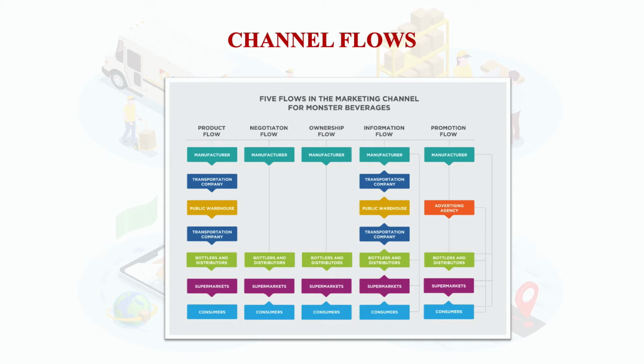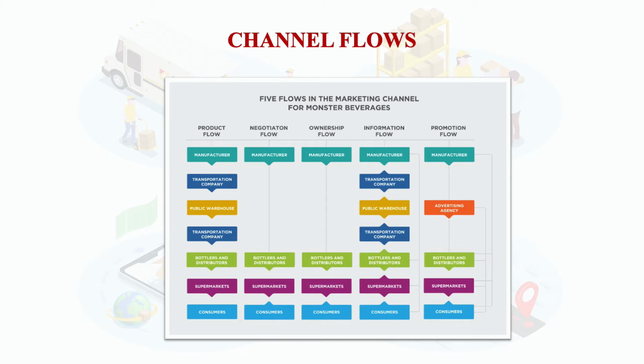Of course, there may be very direct channels of information communication, which is mass media and so on, but right now some of the flows that come through the channel also include the information flow. Then you have the title flow, which is the ownership flow.